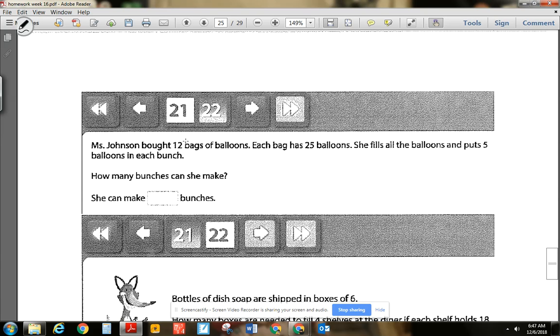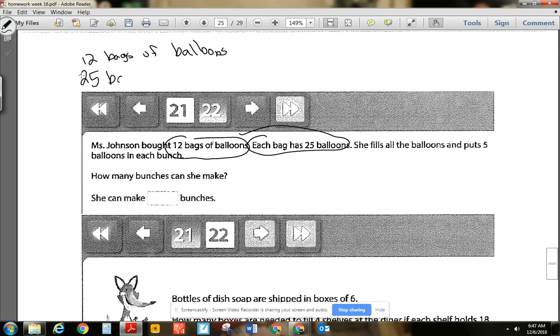Miss Johnson bought 12 bags of balloons. Okay, so 12 bags of balloons. Each bag has 25 balloons. So there's 25 balloons in each bag.